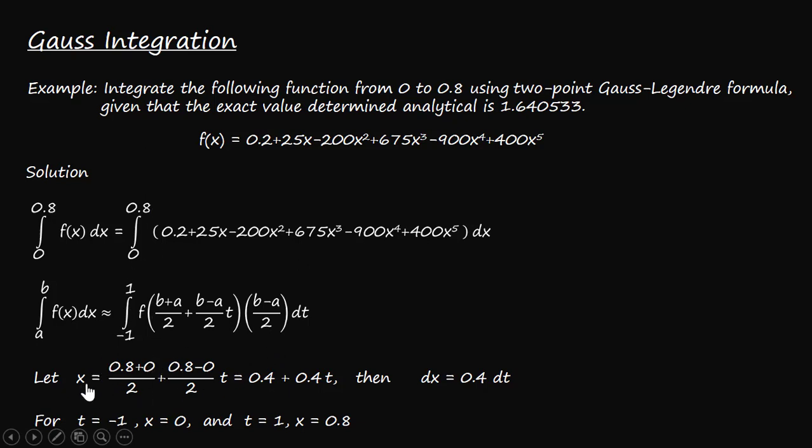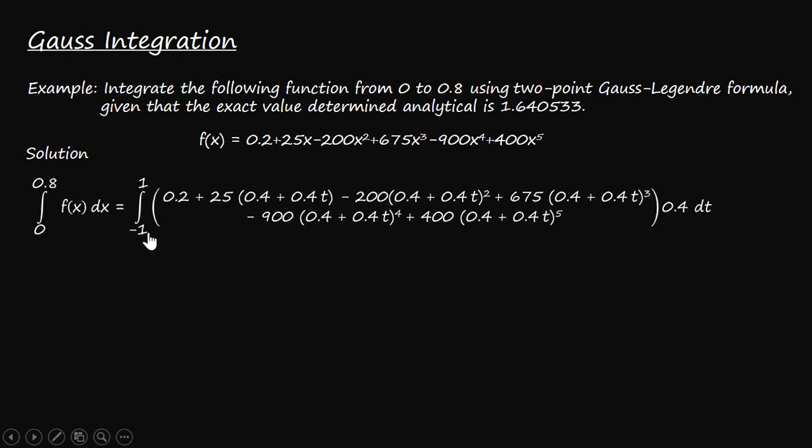Now substituting the value of x and dx into this formula, we can write from -1 to 1 the function 0.2 plus 25 multiplied with (0.4 plus 0.4t). Here it was written x, so instead of x we are writing the new value which is 0.4 plus 0.4t, minus 200.